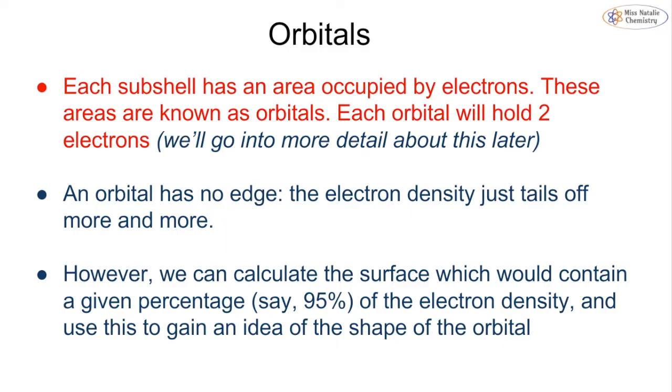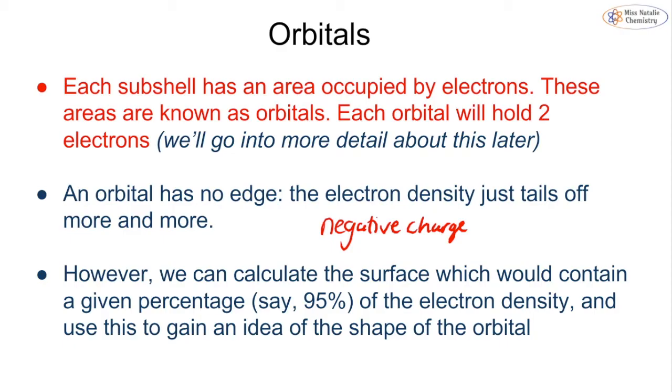Now, these orbitals do not have a defined edge that tells us the shape. We just simply have this area of electron density, which just means an area of negative charge, and it just becomes weaker and tails off more and more the further away you move from where the electrons are.